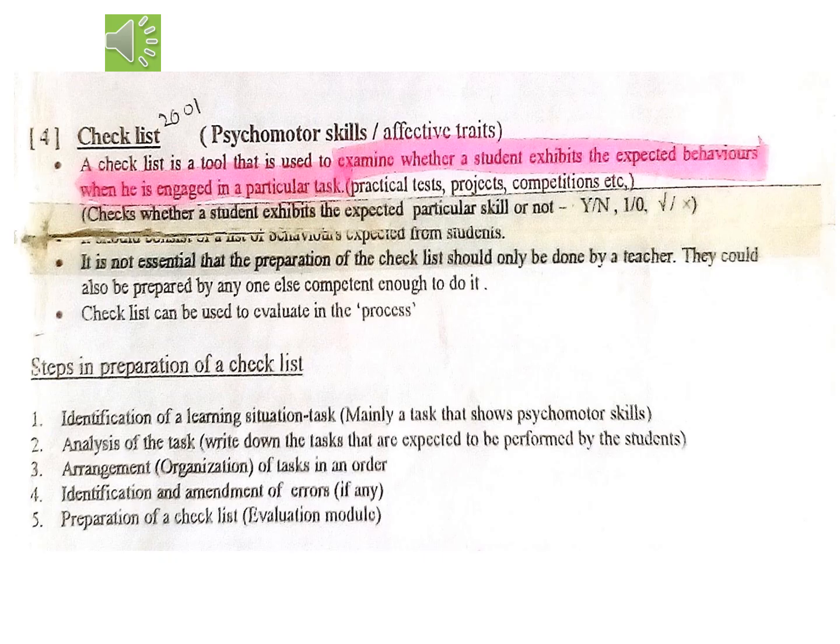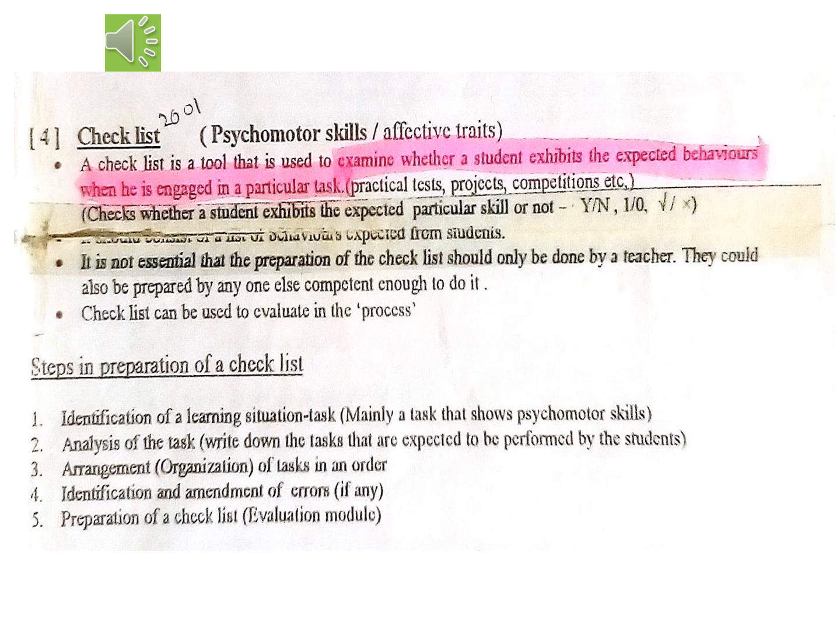A checklist is a tool that is used to examine whether a student exhibits the expected behaviors when he is engaged in a particular task. In simple words, a checklist is a test instrument that is used to check whether a student can do a task properly or not.